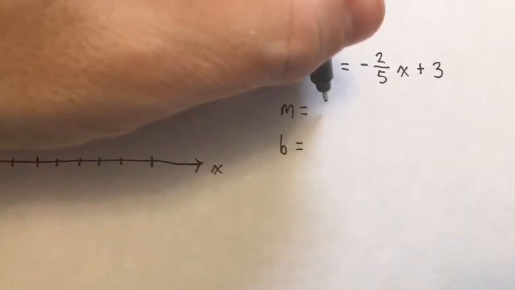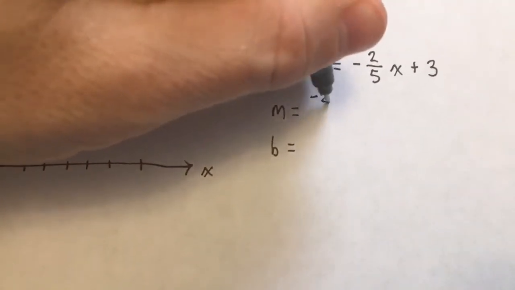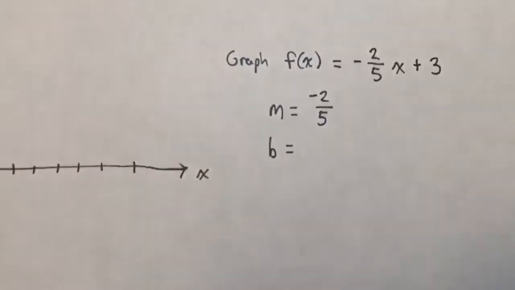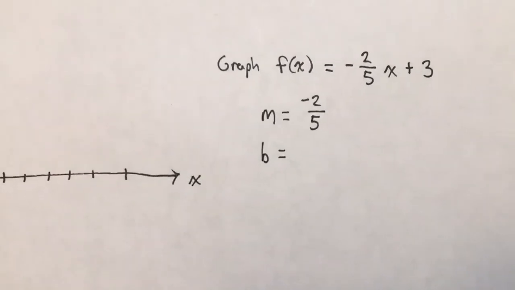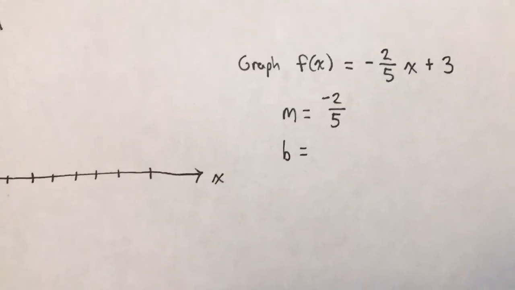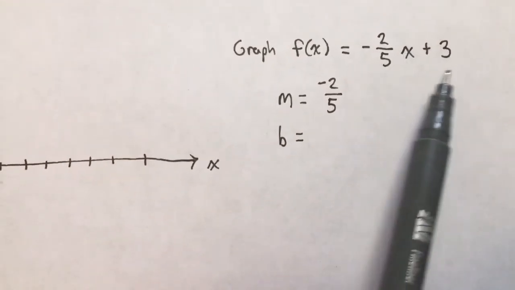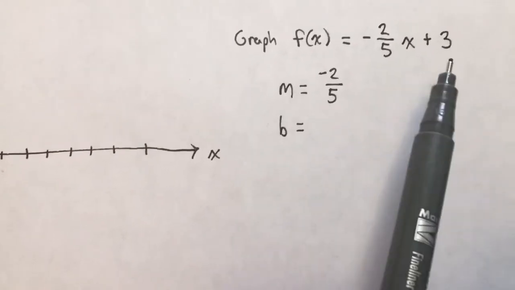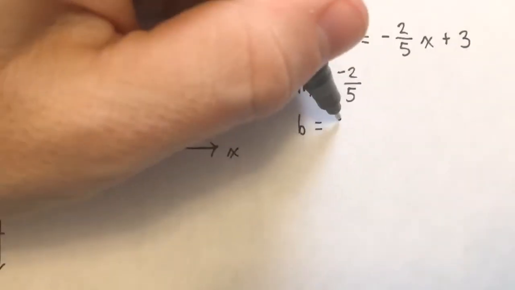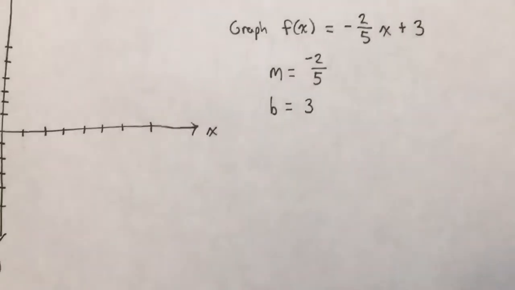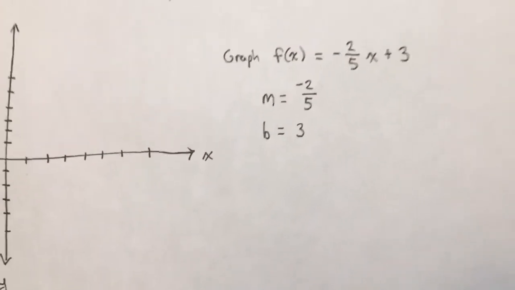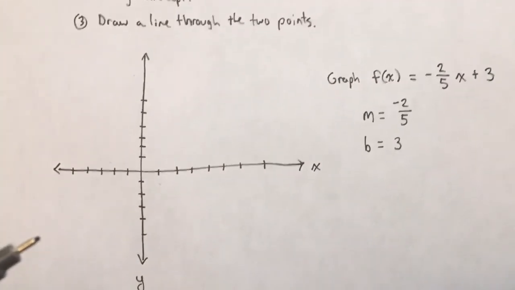Now if you want to, since our slope is negative, just go ahead and move that negative up to the top number right there, and that's going to help you out with your rise over run here in just a moment. Now our b value is this number after the variable term, which is just +3. So now we have our key pieces of information.